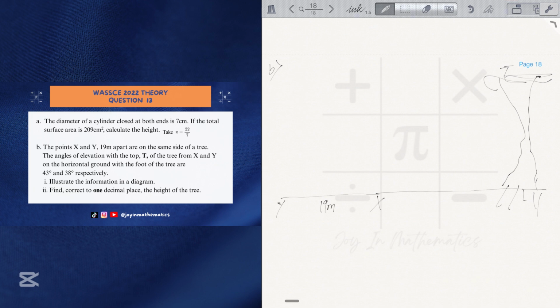So we are saying that when we look at point x, we have it to give us 43 degrees, and the angle of elevation from point y is 38 degrees. The question now says, number 1, illustrate this in the diagram, which is something we have done.